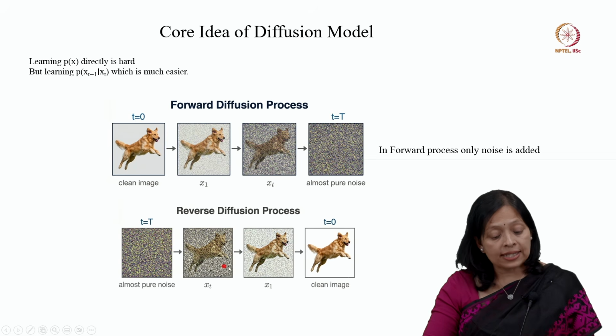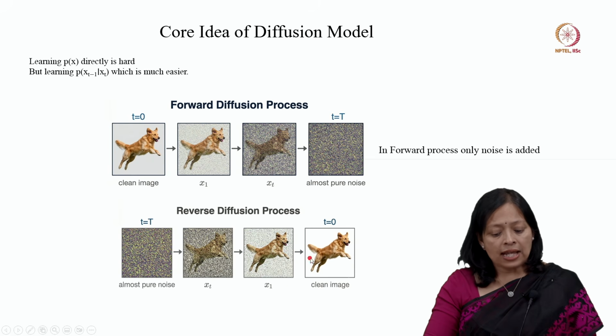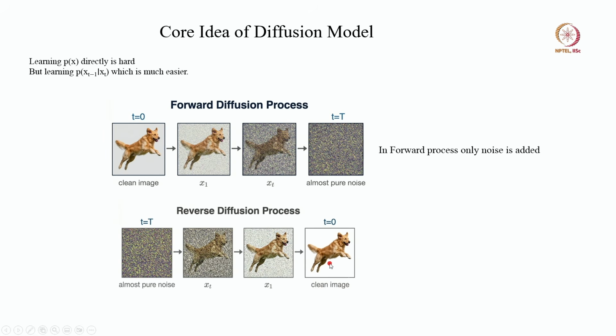You denoise the image at each and every step, and you continue this till you get to the clean image. So, this reverse process is actually the learning process, where your model learns that this much noise is there in the image, and it denoises the image by that learning.